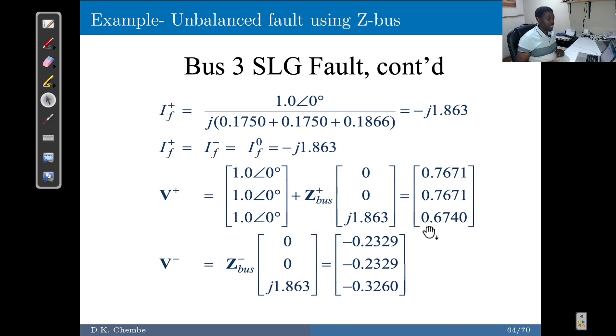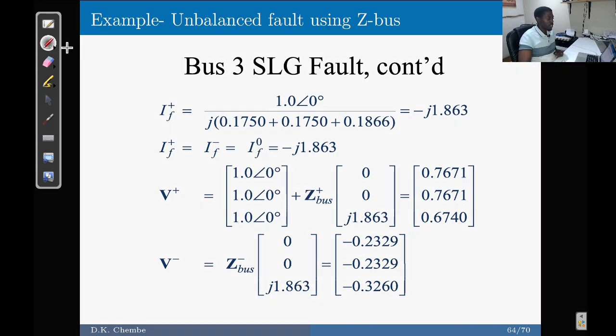So at bus 3, the single line to ground fault, as we said. In this case, you have the V0, the initial voltage at bus 3, which is 1.0 at 0 degrees. And then because the elements are connected in series, our current is going to be determined like so.